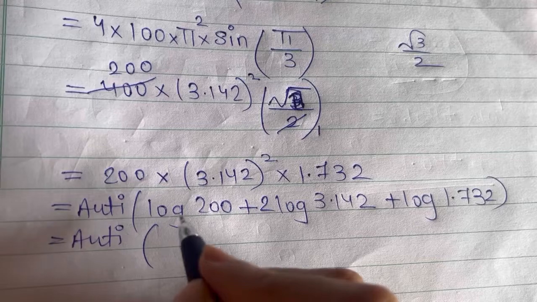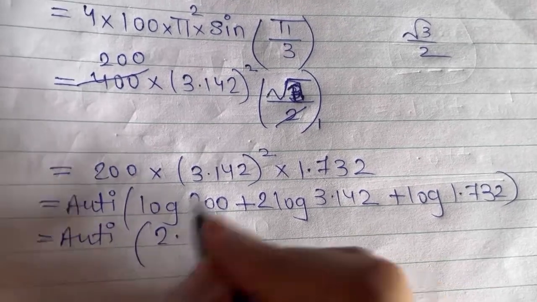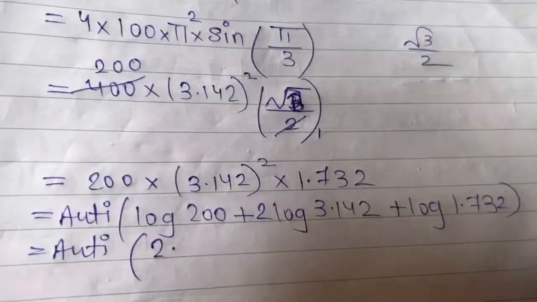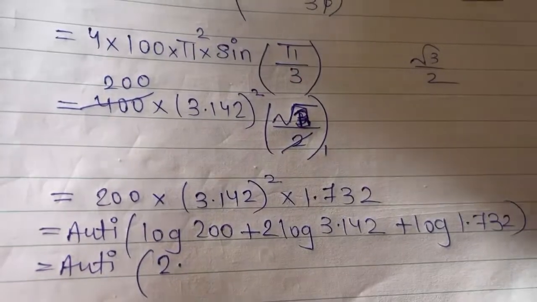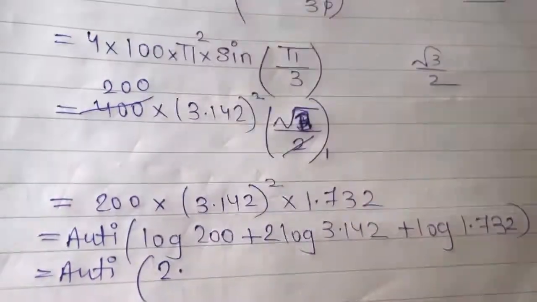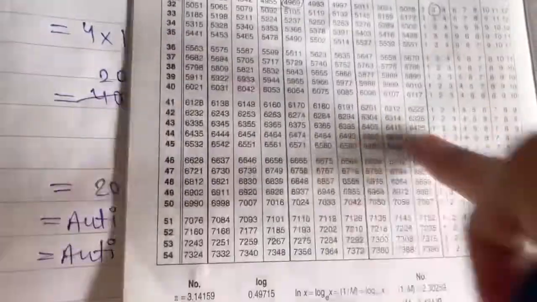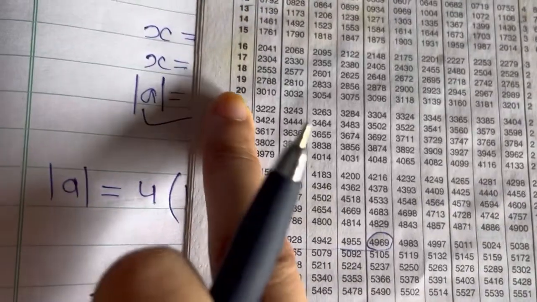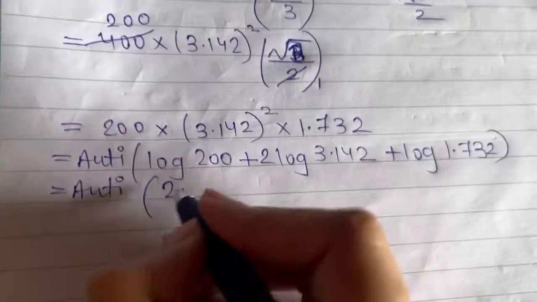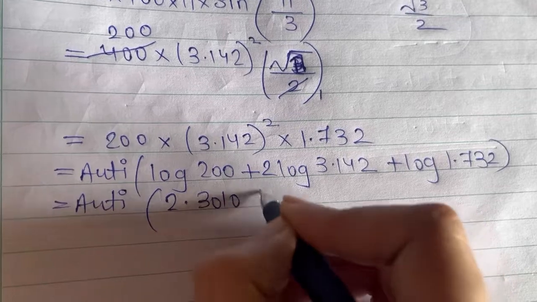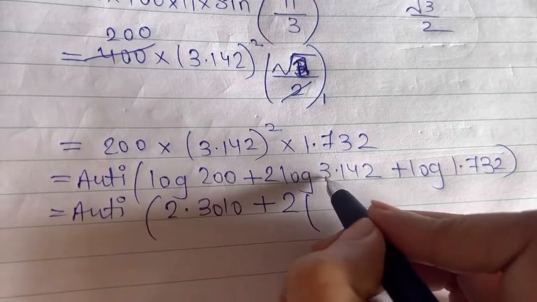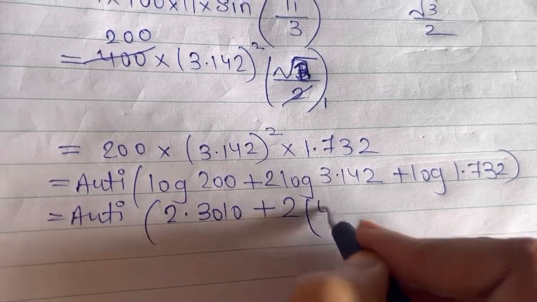For 200, it has 3 digits, 3 minus 1 is 2. We check 20 in the log table: 3010. Plus 2 into log 3.142, now you have just one digit, so 1 minus 1 is 0.